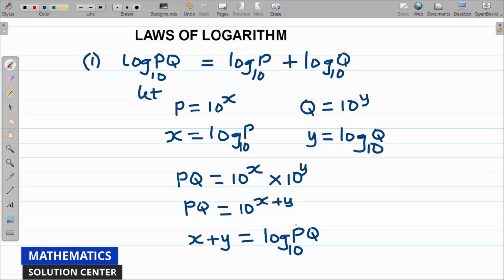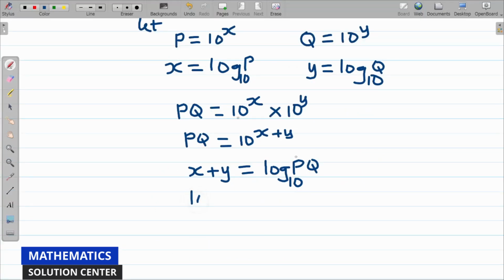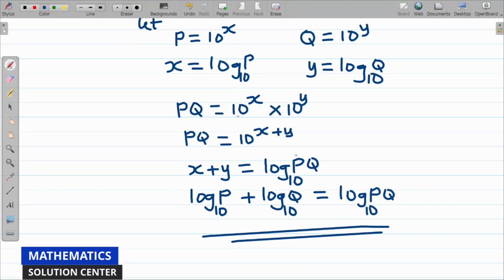But take note, we've already said that x is equal to log p base 10 and y is equal to log q base 10. So we substitute for x and y. Instead of x, I will write log p base 10, plus y, which is log q base 10, and this is equal to log pq. So this is how this law of logarithm is gotten.